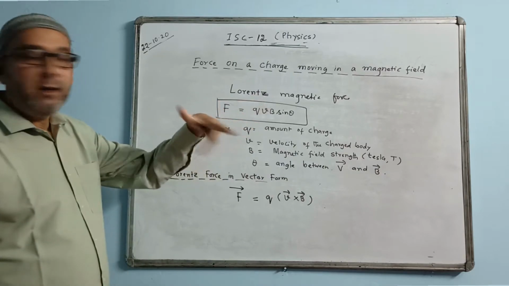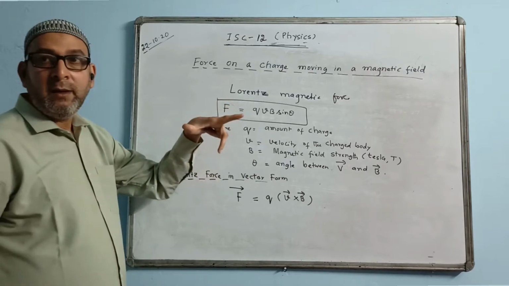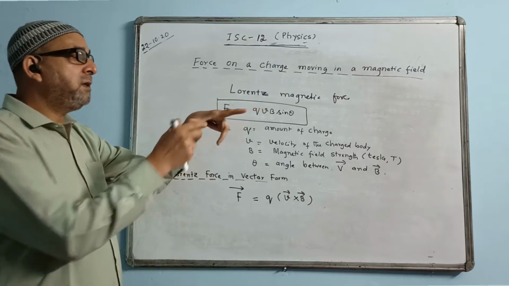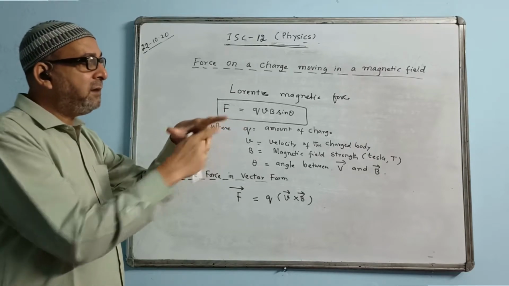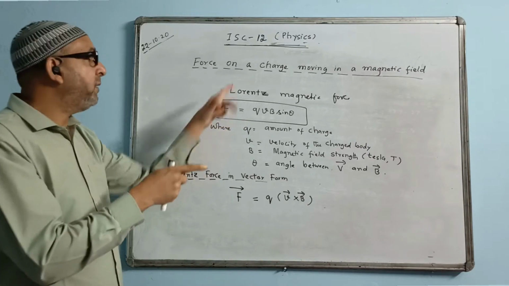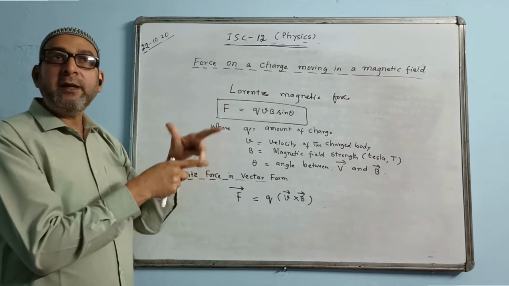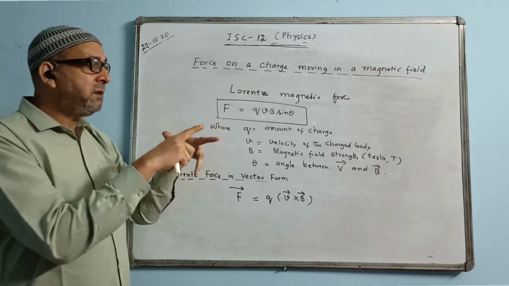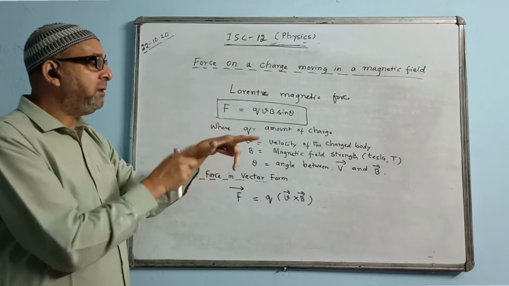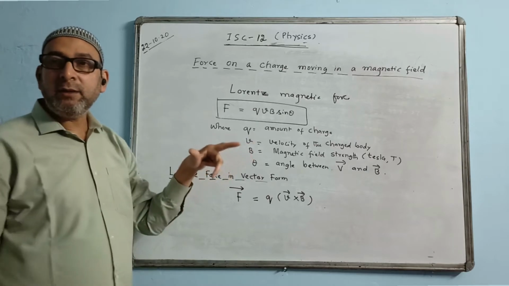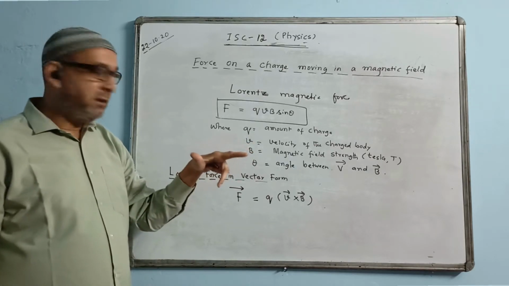So it is like this. You have to stretch your first 3 fingers like this. Here we say this is force, this is magnetic field, and this is the direction of current, because whenever a charged body moves it gives current. You have to take the direction of current. If this is the direction of magnetic field and this is the direction of current, then in this direction the force will be acting on the charged body or on the conductor which is carrying current.